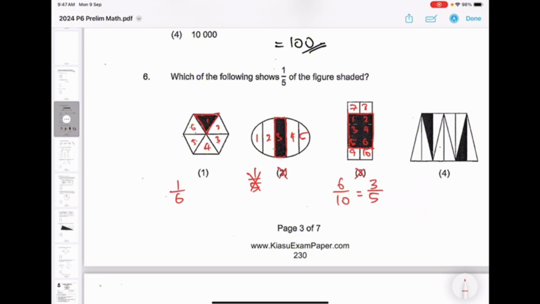Now moving on to option number 4, we have 2 shaded parts over here. And a total of 1, 2, 3, 4, 5, 6, 7, 8, 9, 10 parts. So I would have 2 over 10, which gives me 1 over 5. And therefore, this is your answer for question number 6.